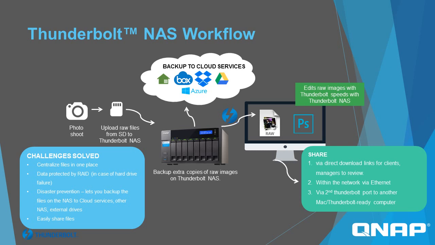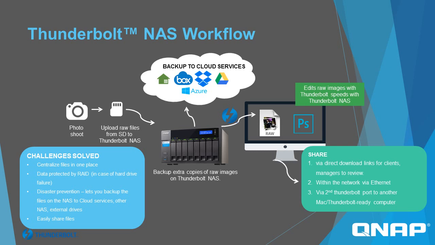It's your choice, but trust me, the Thunderbolt is a lot faster. From there, you can share it directly. QNAP has the ability to right-click and share links, or you can send it up to third-party services like Amazon and other cloud services as well. Those come built in in the QNAP, so very easy to use. You can see the workflow there changes.